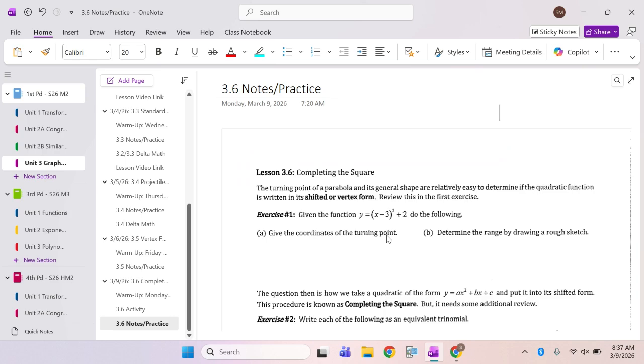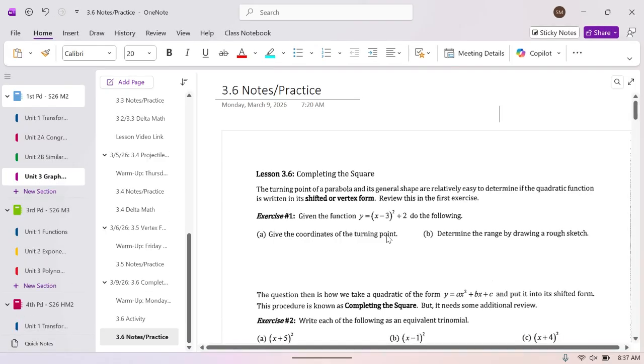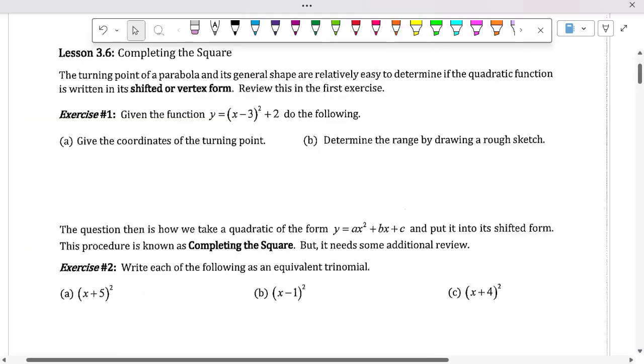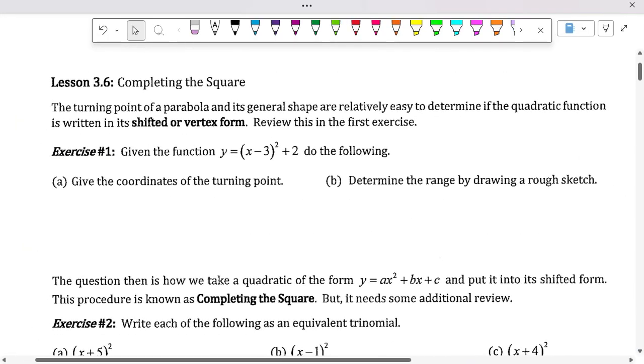All right. So let's look at this first problem here. Okay. So first off, if I'm looking at this vertex form right here, what's the vertex? So that's vertex form.